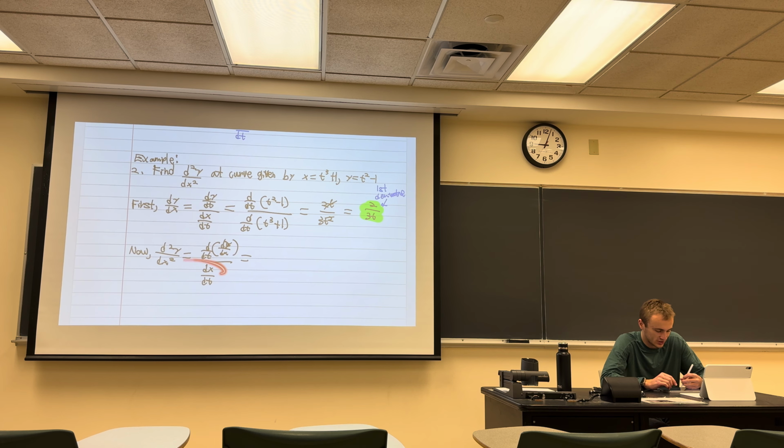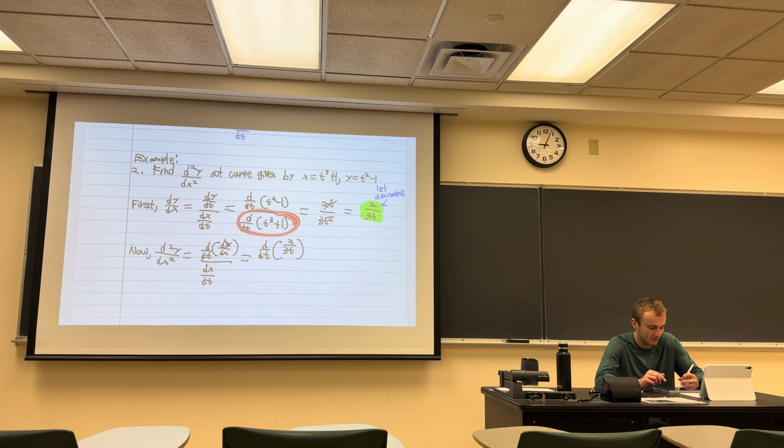We don't differentiate the bottom portion a second time, just the top, the numerator. So that's going to be d dt of 2 over 3t. That's our dy dx term that we calculated here. So dy dx equals this. Taking d dt of dy dx, so the derivative of this, then over dx dt.